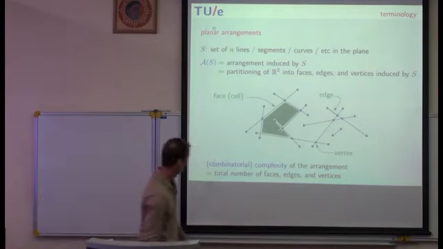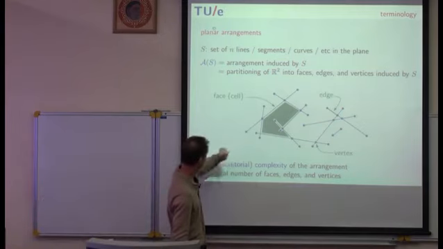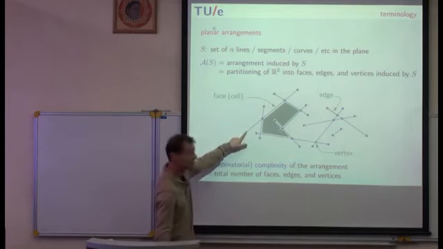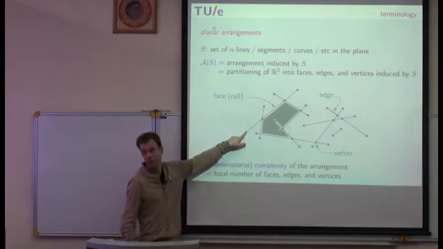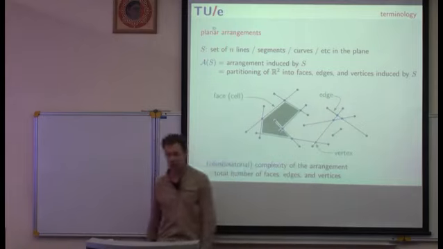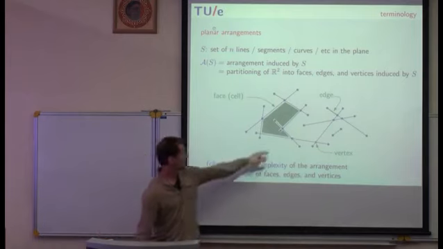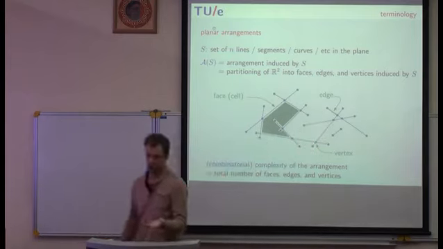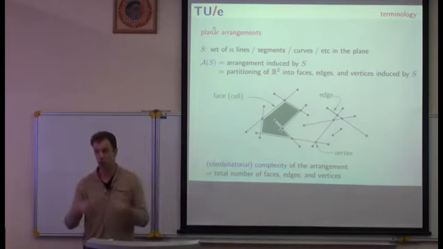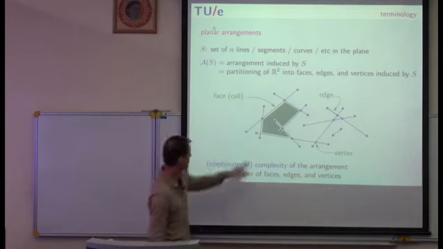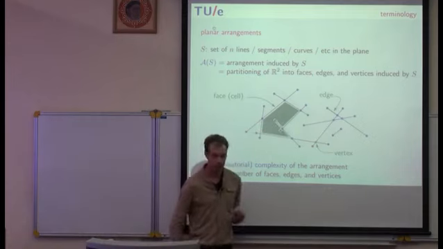So it has vertices, which could be, if you have segments, an endpoint of one of the segments, or it could be an intersection point. You have edges, which are parts of your segments or your curves between two of your vertices, and you have faces.